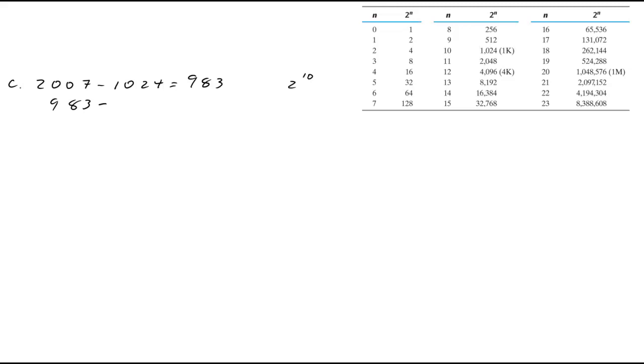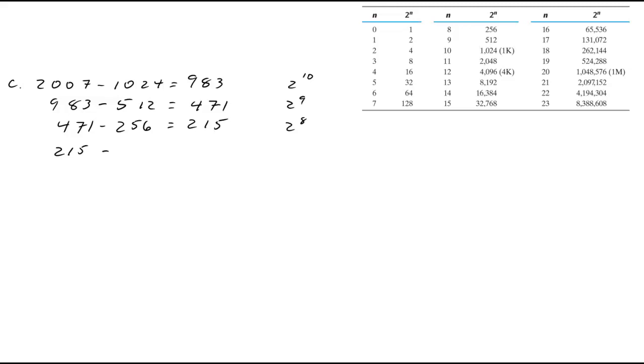983. We can do 512, which is 2 to the 9th. Leaves 471. We can get 2 to the 8th, which is 256. And if we do that subtraction, we get 215.